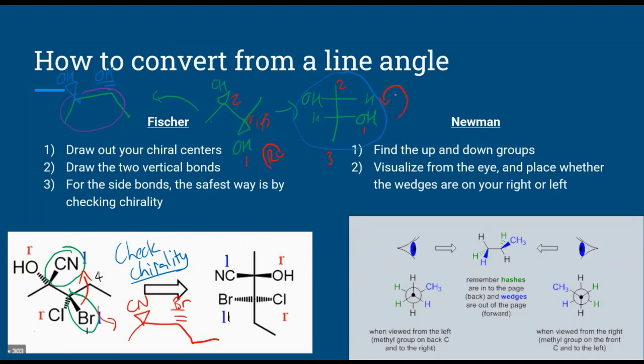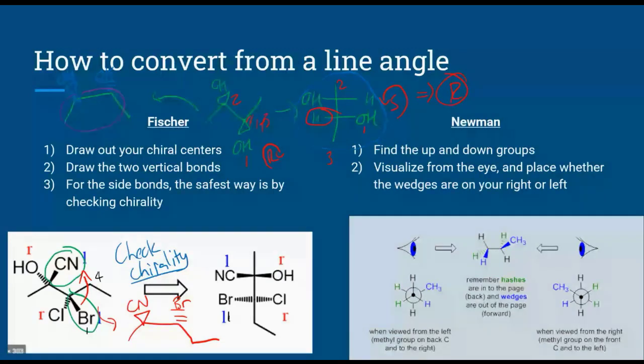It looks like an S, but because hydrogen is in this position, it becomes an R. So we see that the chiralities stay the same, even though it doesn't look like they're the same, right? Because over here, it's like, oh, we have two wedges, so the OHs should be on the same side. But that's not necessarily the case.